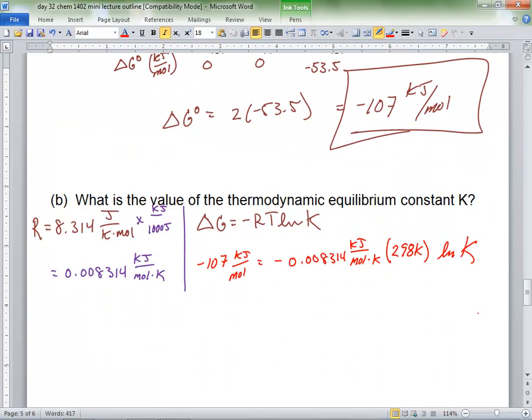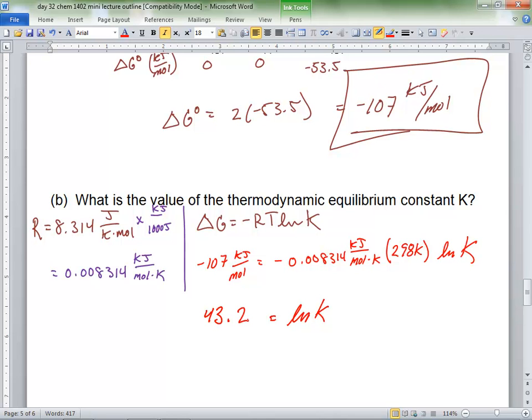Did anyone solve for a natural log? Natural log. Okay. Jasmine got about 44. Anybody else get about 44 for the natural log of K? Well, 43.18, 43.2.